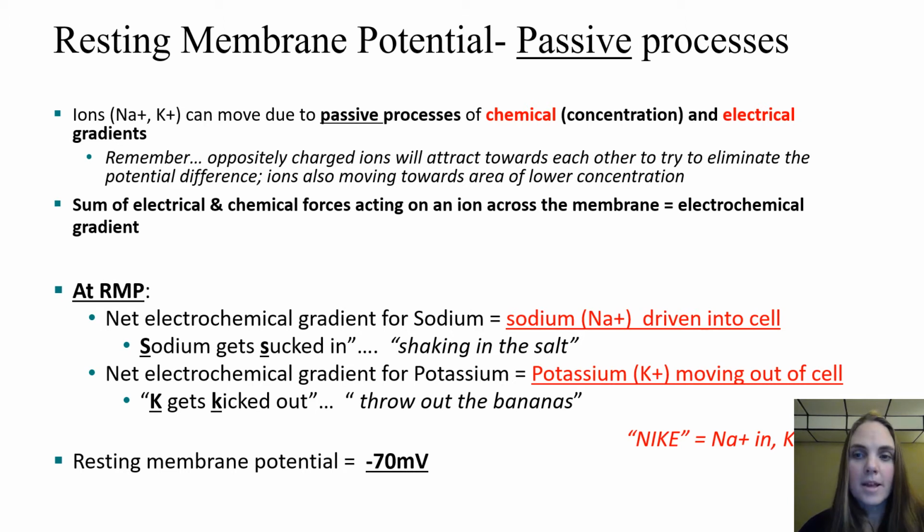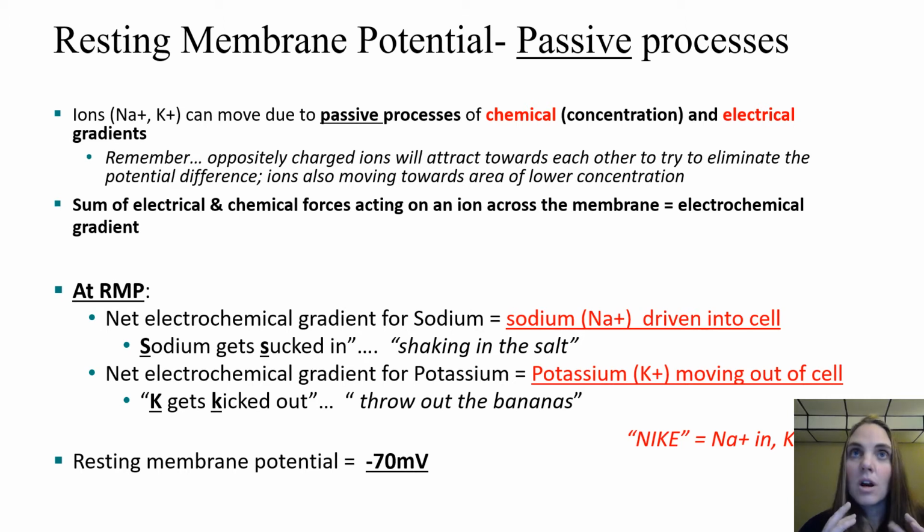So when we're at resting membrane potential, the cell is not doing anything, just hanging out, chilling. The net electrochemical gradient for sodium is such that sodium is driven into the cell. The net electrochemical gradient for potassium is such that potassium is going to move out of the cell.